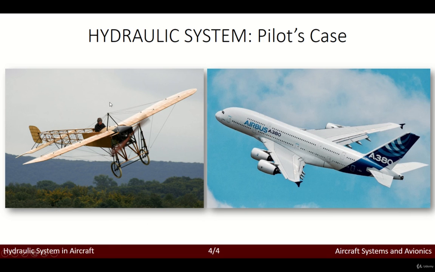The pilot would directly make a force, and that force would provide the movement on the aircraft tail, for instance, on the different control surfaces on the tail, okay, or the ailerons on the wings. However, nowadays, especially in the case of the Airbus A380, there's no way that the pilot will be able to make that kind of effort in order to move the flaps, for instance, of the aircraft.